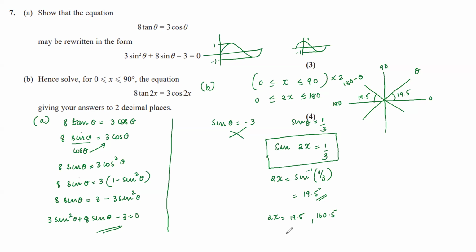Now this is 2x, so we need x. For x, divide the whole thing by 2. So 19.47 divided by 2 we'll get as 9.74, approximately, corrected to 2 decimal places.